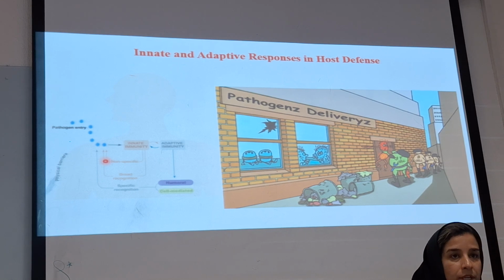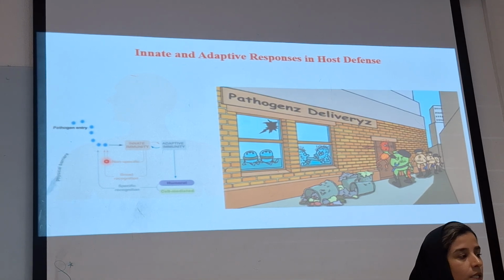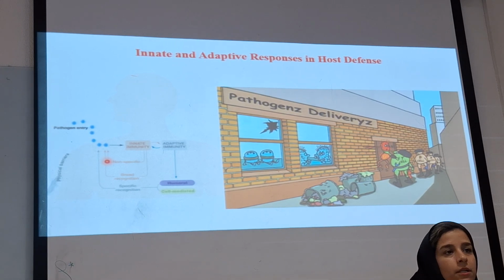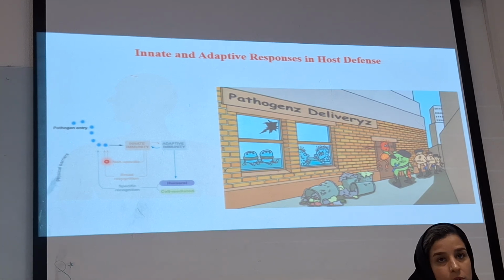Take the right picture, for example. In this slide, I want to explain the collaboration between the innate and adaptive immune systems.